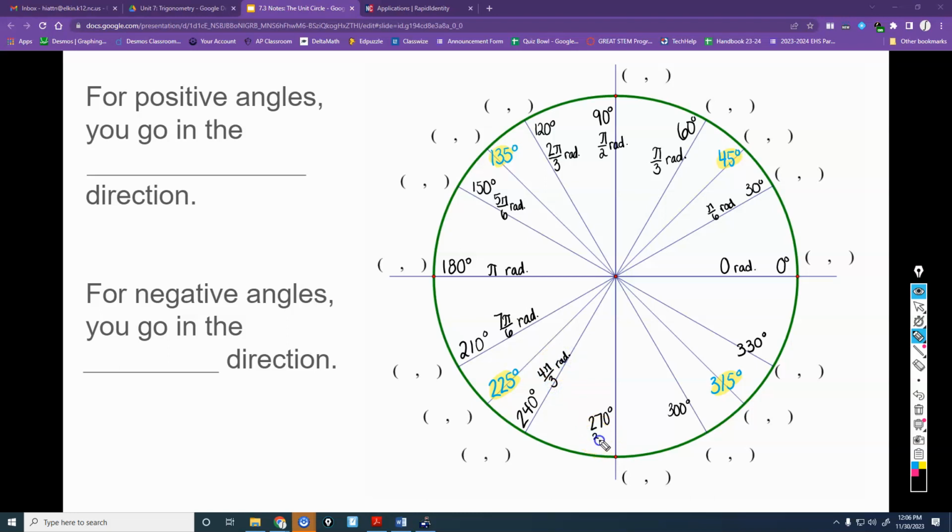This one is 3 pi over 2 radians. This one is 5 pi over 3 radians. This one is 11 pi over 6 radians.